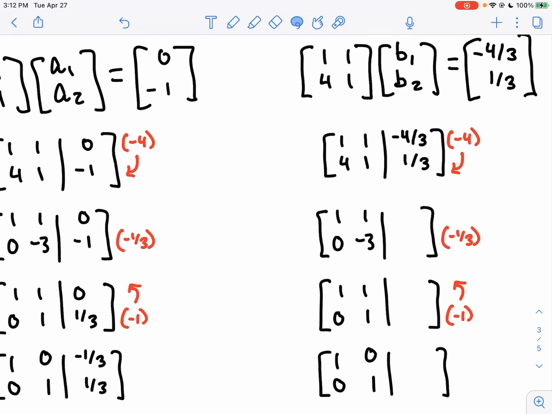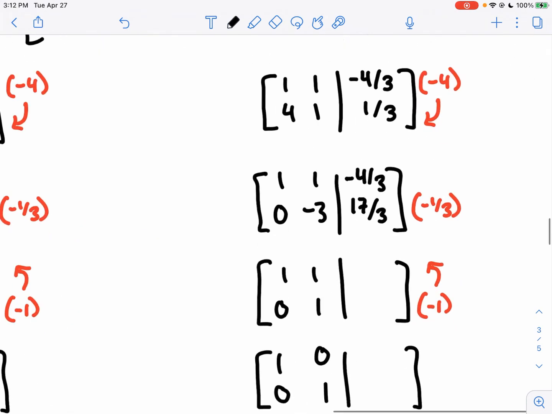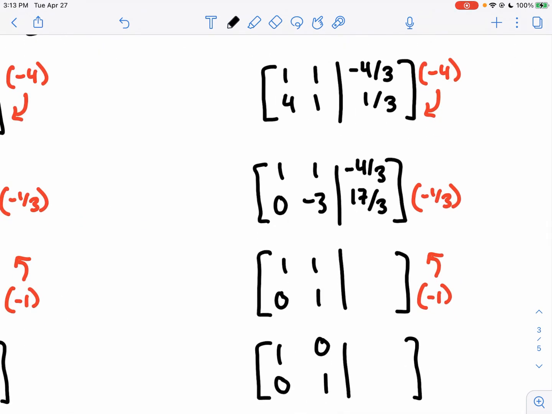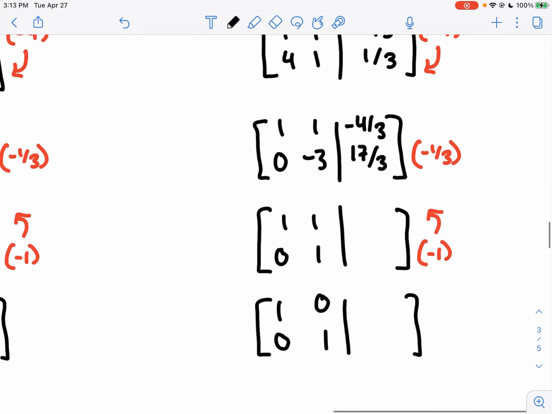We do -4 times -4/3, that's 16/3, and add that to 1/3, that's going to be 17/3. The top is still -4/3, that's not changed. Then I'm still going to do -1/3 times that last row. So the top is still -4/3, but this will now become -17/9.